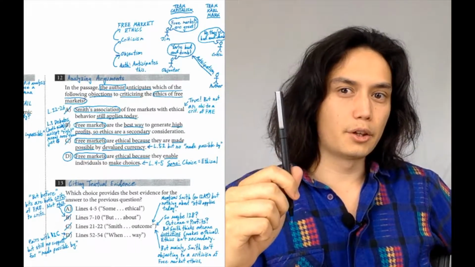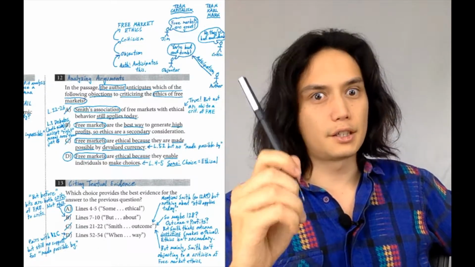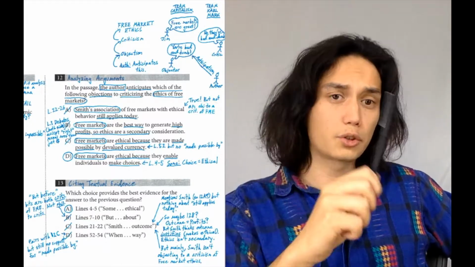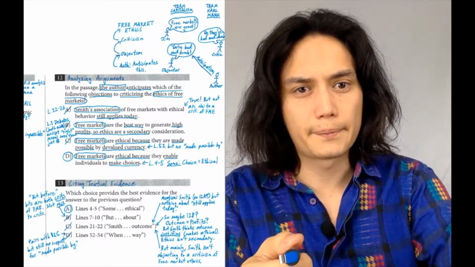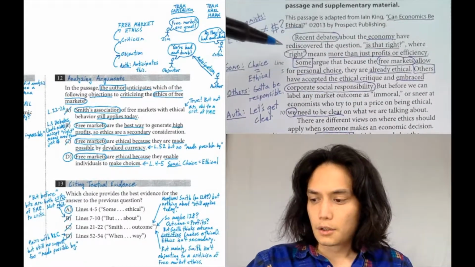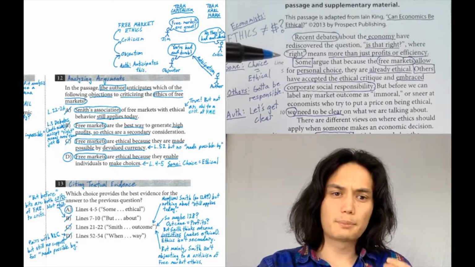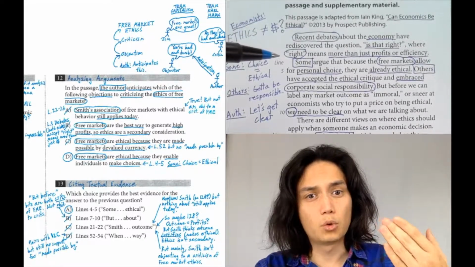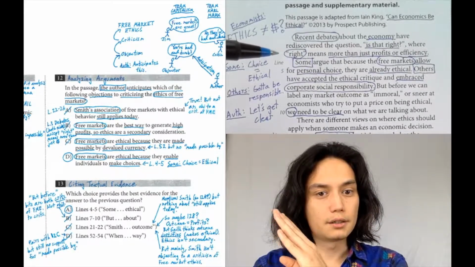It does seem, though, like a straightforward defense of the free markets rather than an objection to a criticism of free markets. But more specifically than that, in the passage itself, the role of this claim that right means more than just profits or efficiency, this isn't a position that only some people or one person on one side of this debate is taking.